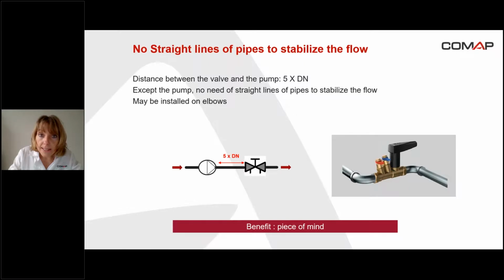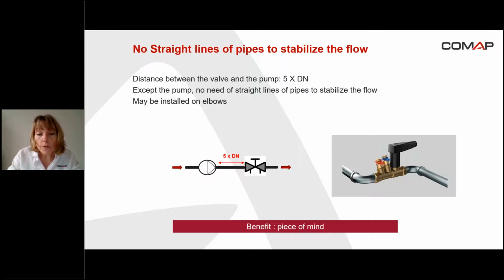No straight lengths are required for the valve installation. Except for the pump, where we have to provide 5 DN after or before the pump in order to install the valve close to the pump. But for the other situations, no straight lengths of pipe are required.